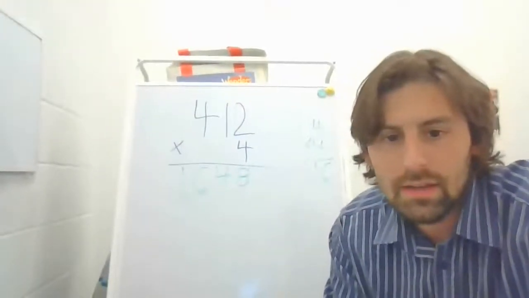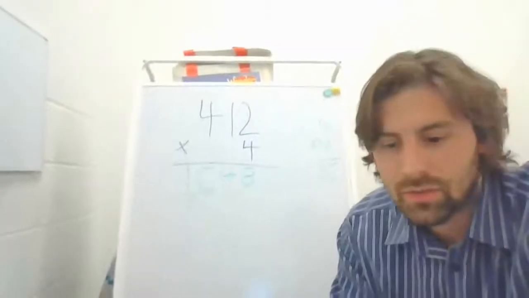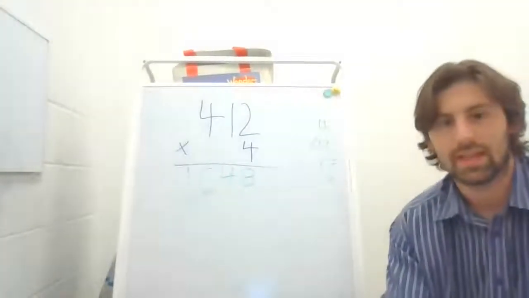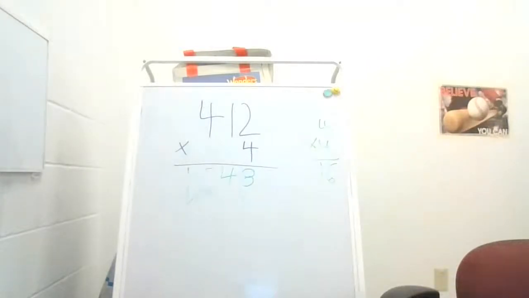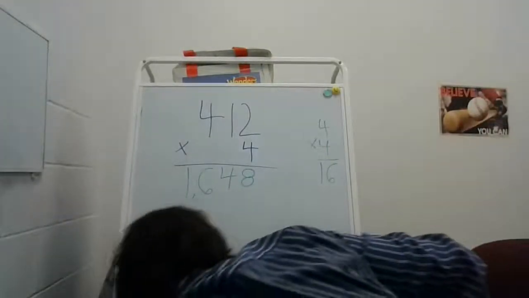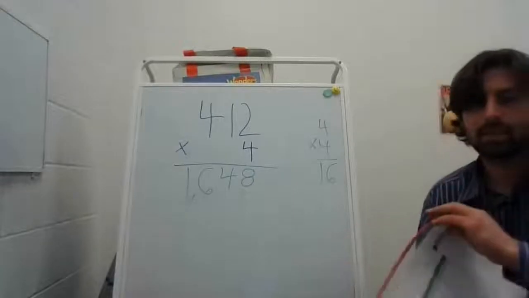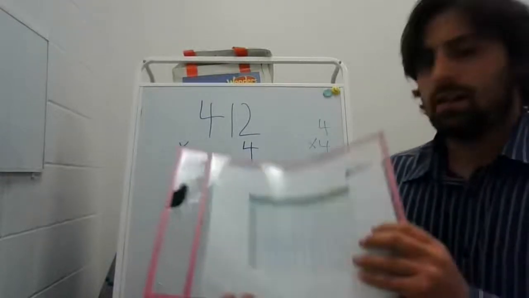Two things. One, you do have the option of using a multiplication chart. I give a lot of my students that option. That's something that works well. So if you look here, this is a multiplication table.